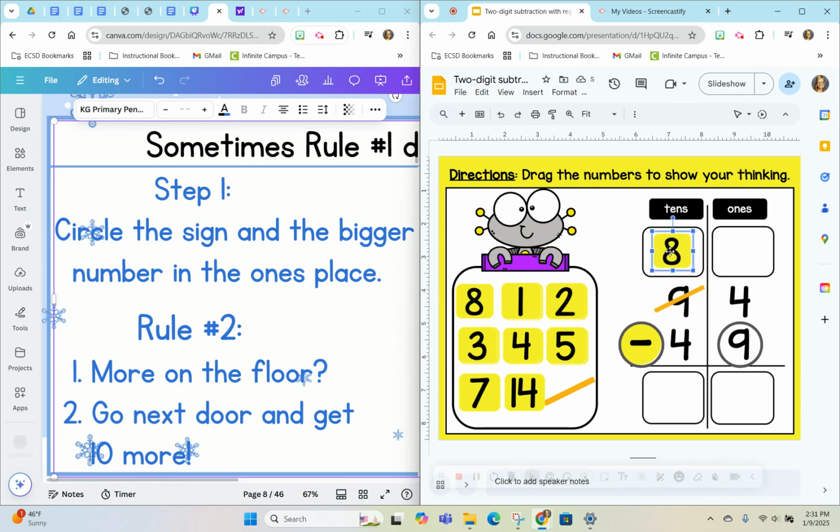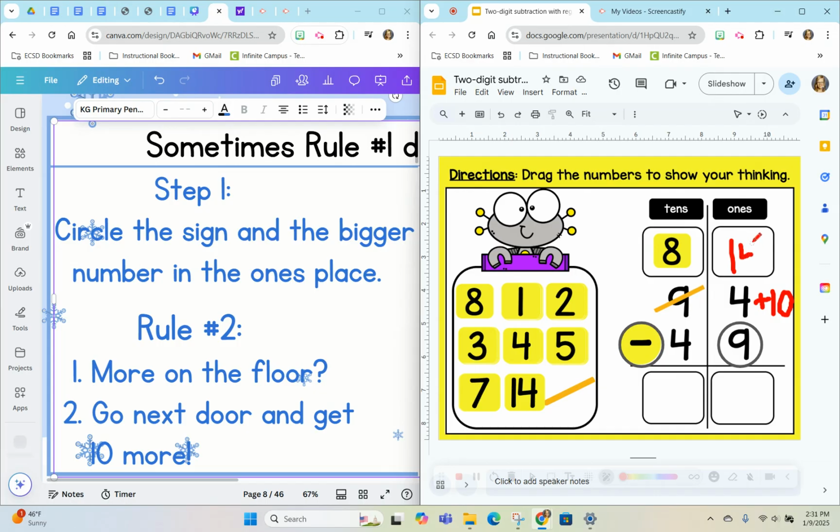That's right. Now, we've been talking about how that 1 ten that we took away breaks up into 10 ones. And so what you can do is write plus 10 right here, which means how many ones are we going to have now? 14.